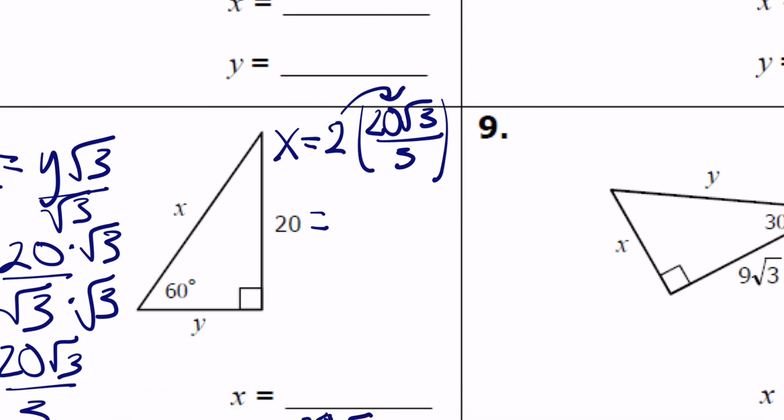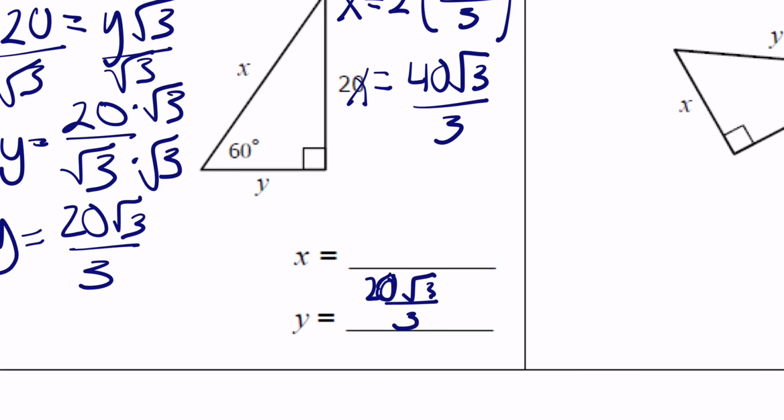So 40 square root of 3 over 3. Okay. Now we know, oops, that looks like 20 equals x equals that. There we go. So now we know what this hypotenuse side is. It is 40 square root of 3 over 3.